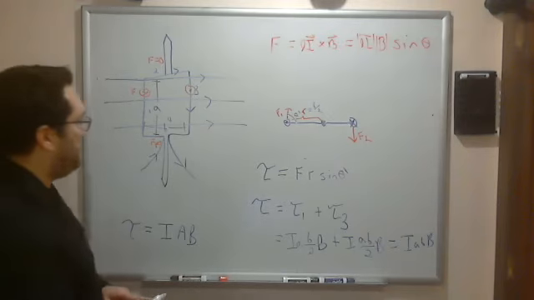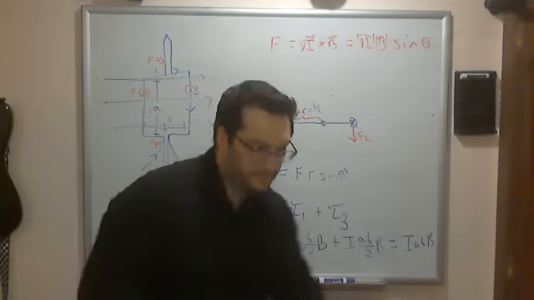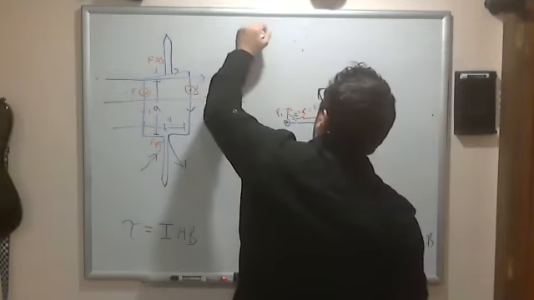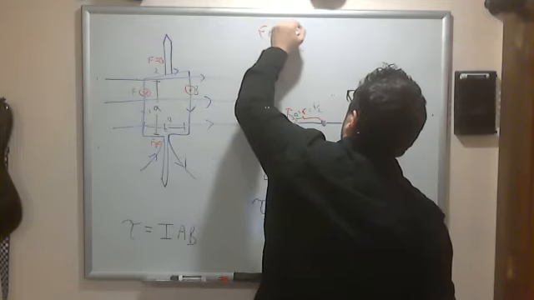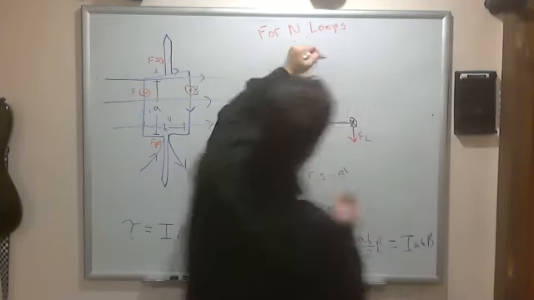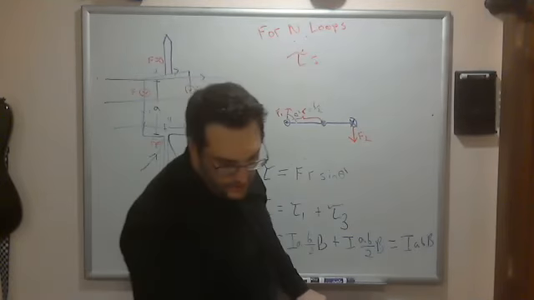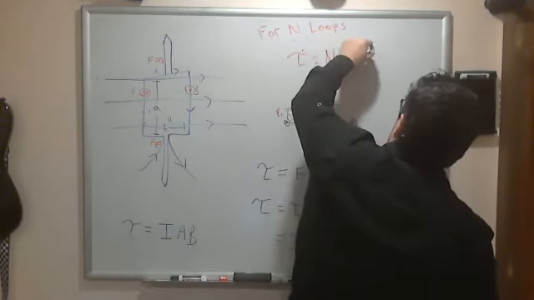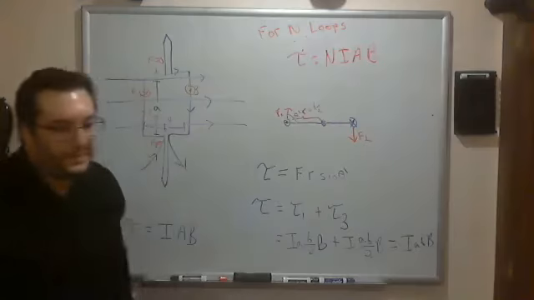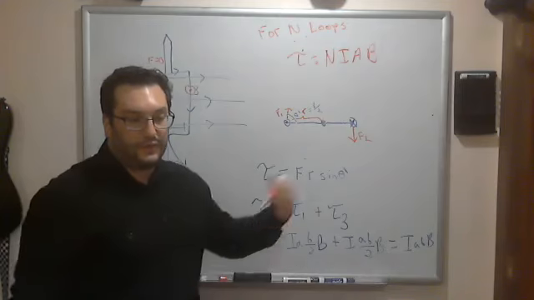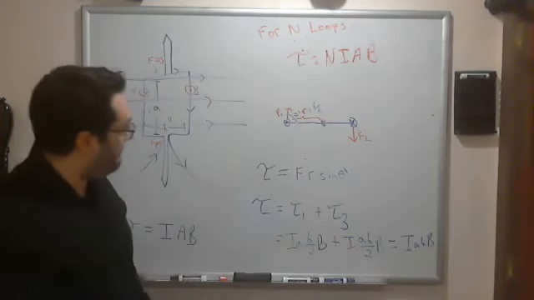So if we have N loops, the torque is N times IAB, very similar to a solenoid, if you guys did the lab yet.